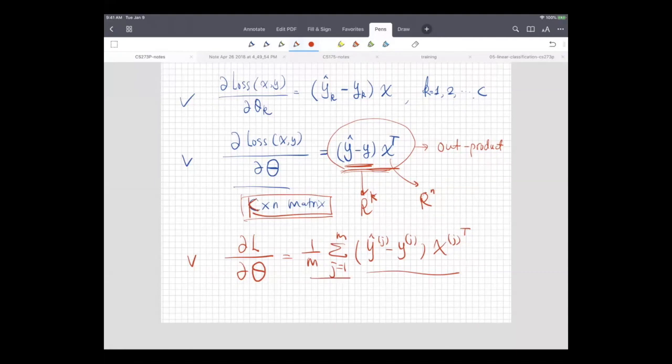That's the gradient over the entire collection of samples. And once you have this, you know how to update your parameter matrix: theta minus alpha times the gradient of L with respect to the big theta matrix. And that will be the gradient descent step.